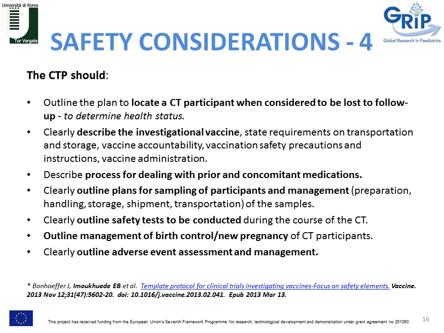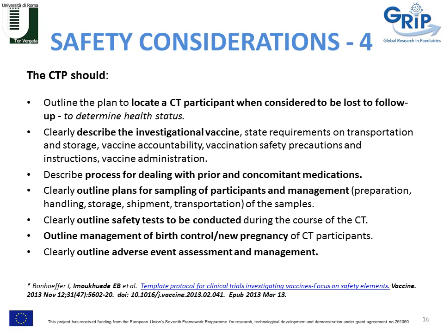Clearly outline plans for sampling of participants and management, that is, preparation, handling, storage, shipment, transportation of the samples. Clearly outline safety tests to be conducted during the course of the clinical trial. The CTP should also outline the management of birth control, new pregnancy of clinical participants if this happens during the clinical trial.